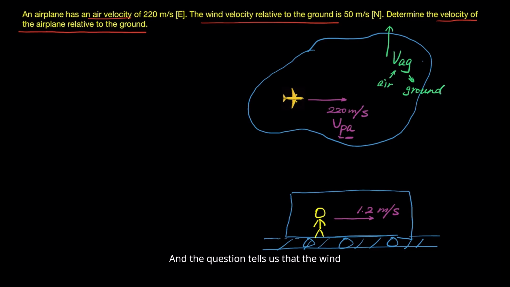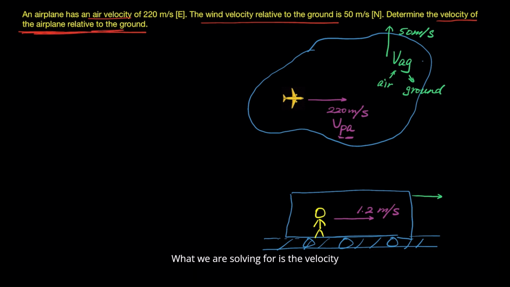And the question tells us that the wind speed is 50 meters per second towards north. And this is analogous to the train with a certain speed relative to the ground. In that case, both you and the train are in motion. Similarly, in this airplane case, both the airplane and the air are in motion.